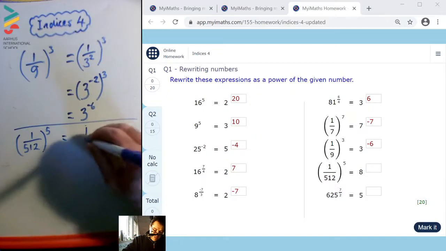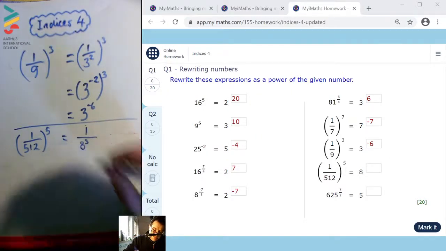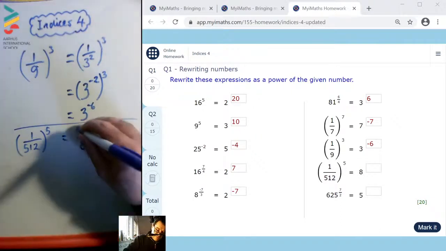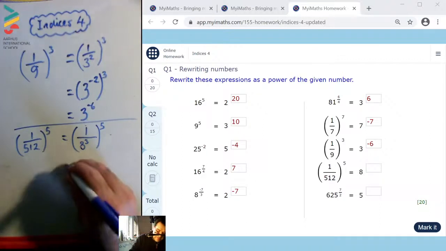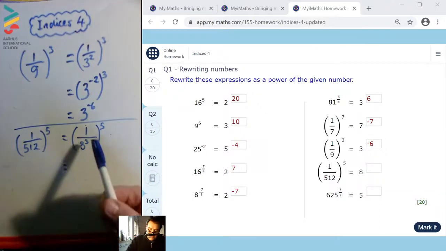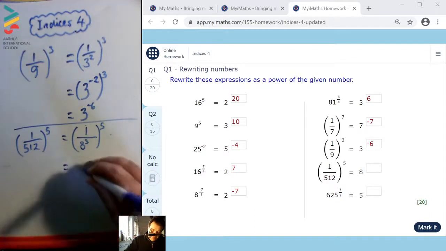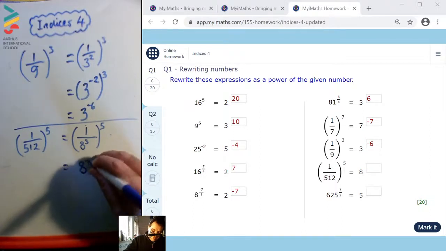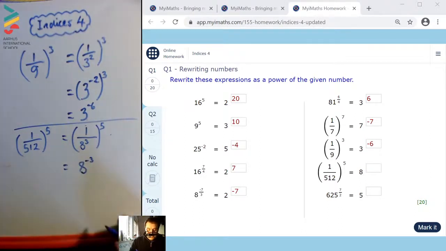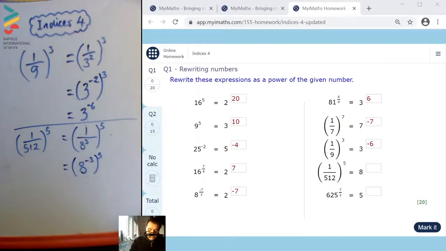So I can rewrite that whole thing as 1 over 8 cubed, and then the whole thing's in a bracket to the power of 5. Remembering again, when you've got 1 over a positive power, that's the same as the corresponding negative power. So 1 over 8 to the power of 3 is the same as 8 to the power of minus 3. That's all still in a bracket getting raised to the power of 5.